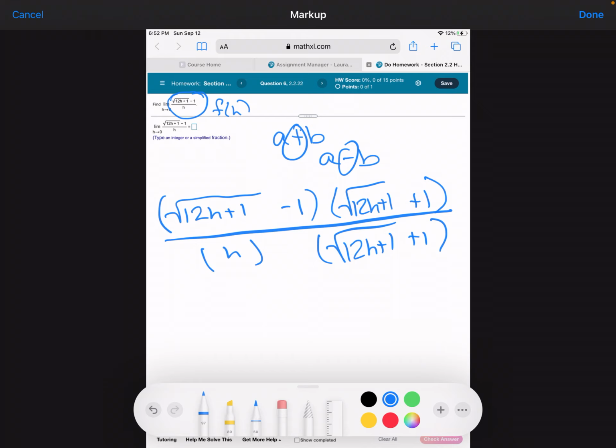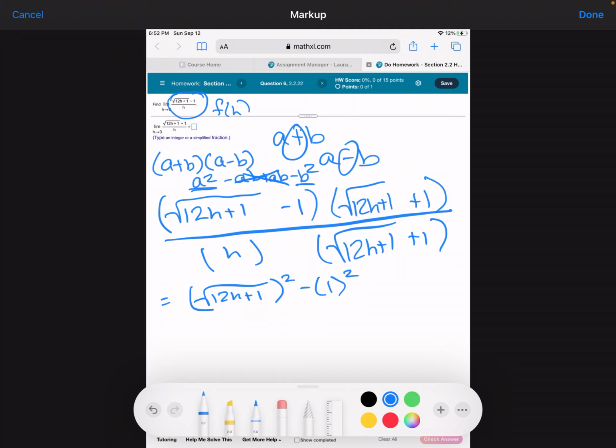When you multiply conjugates, a plus b times a minus b is a squared minus ab plus ab minus b squared. You just end up with the first one squared minus the second one squared. So we get the square root of 12h plus 1, squared, minus 1 squared.